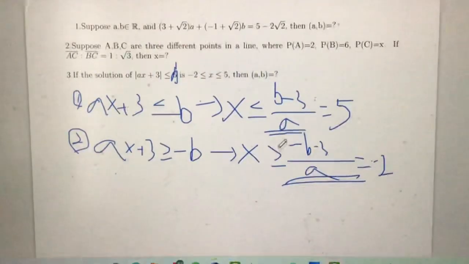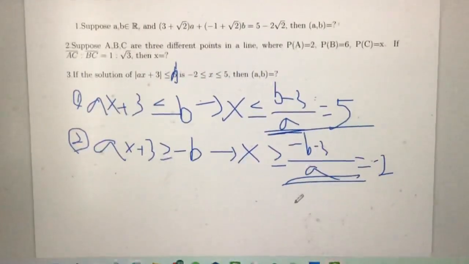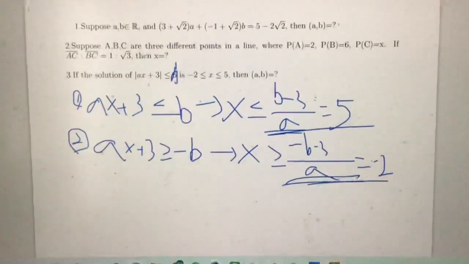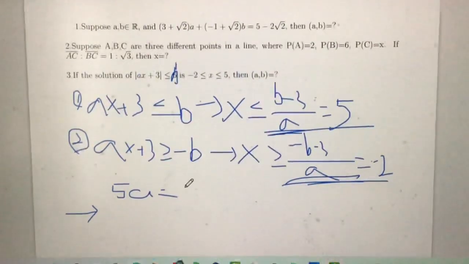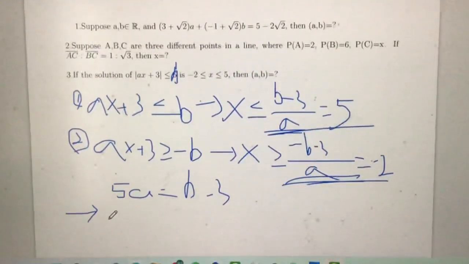So we can get these two equations. 5 times a is equal to b minus 3. And the other one, minus 2 times a is equal to minus b minus 3.